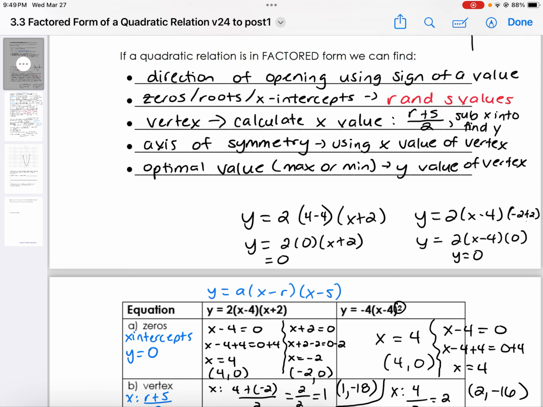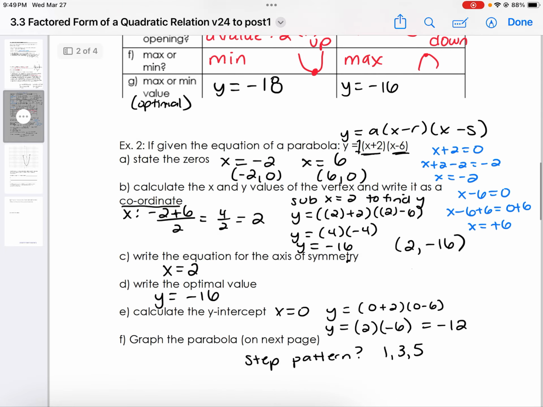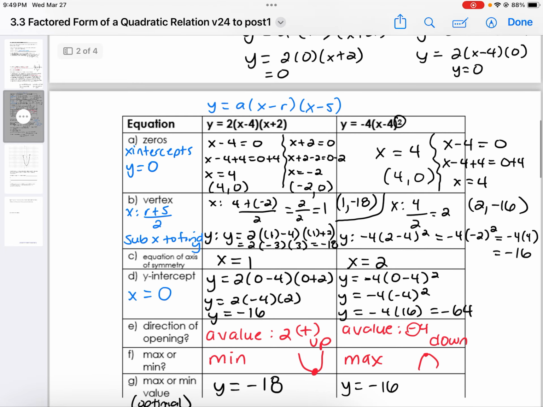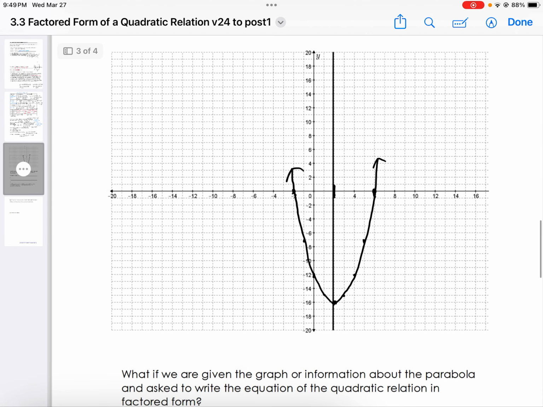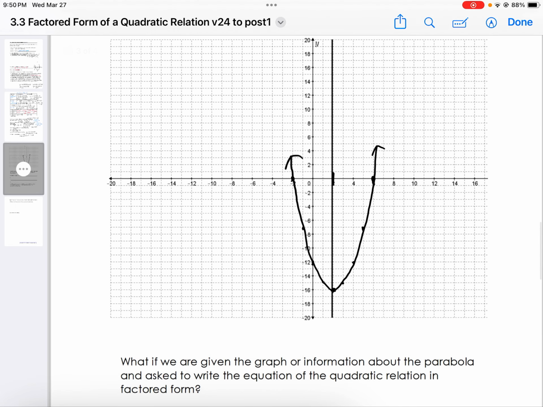Okay, so what's going to happen is if we tried to graph something that had a different a value, then the step pattern would be changed. And we did see that in 3.2 yesterday, where one of the graphs went down by 2, down by 6, and down by 10. So it can be tricky.